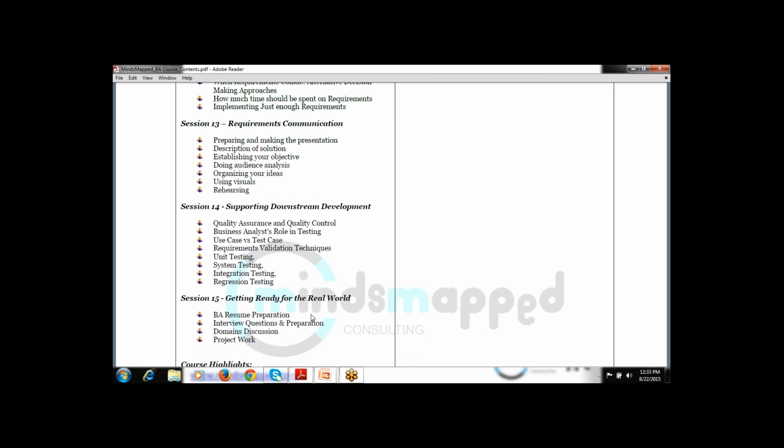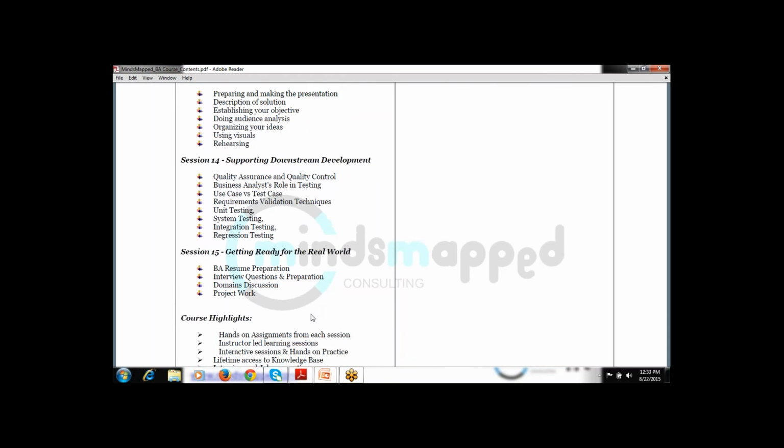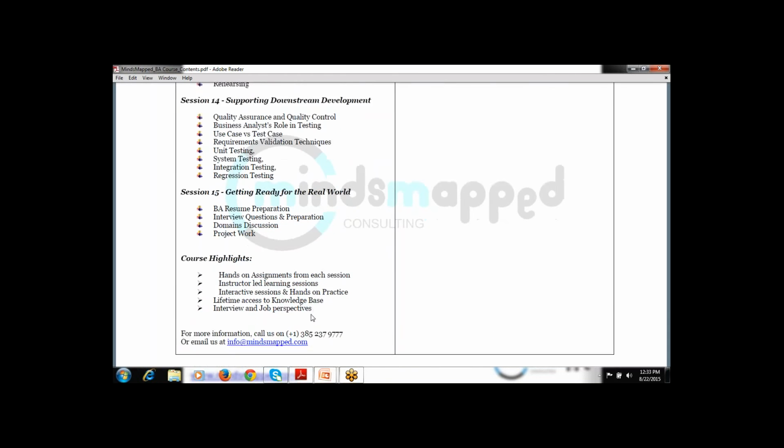And how do you prepare for your sessions, support, the quality. Like we said, you'll be doing a lot of support role. You'll be supporting probably the operations team, and probably the QA team, right? And the testing team, so these kinds of things. And then we will also give you how to prepare your resume and how to prepare for the interview, right?